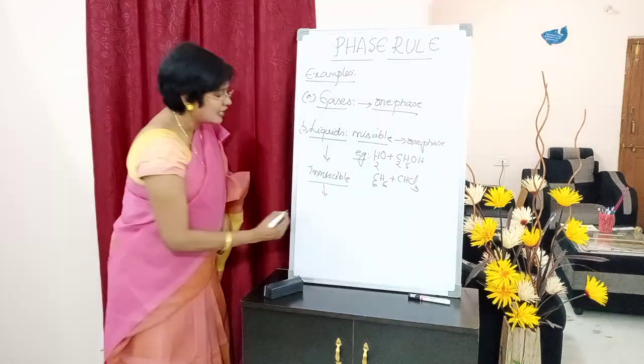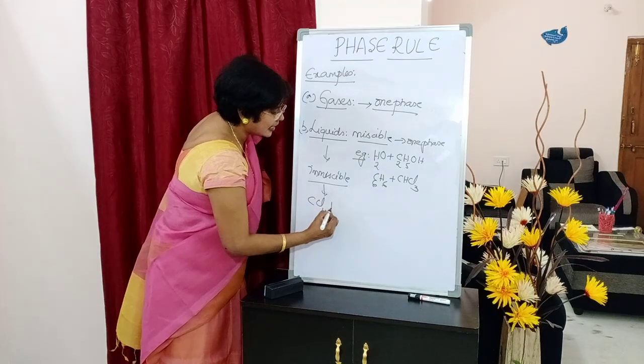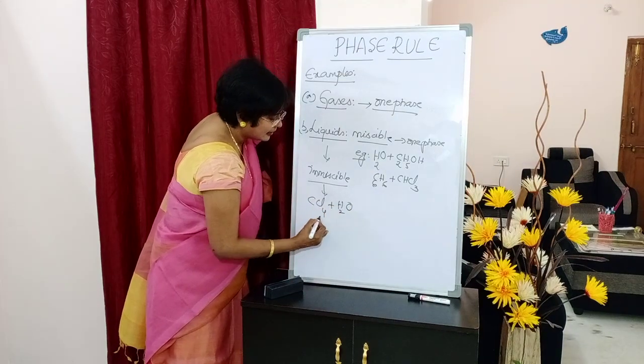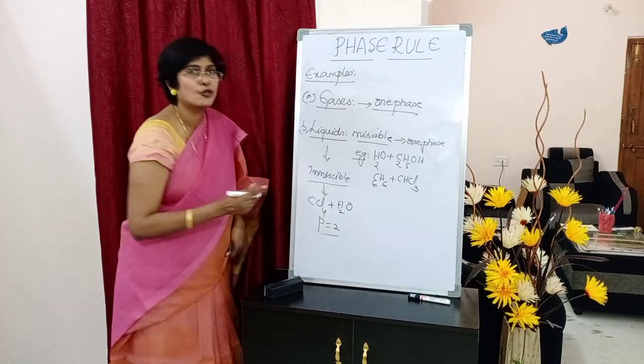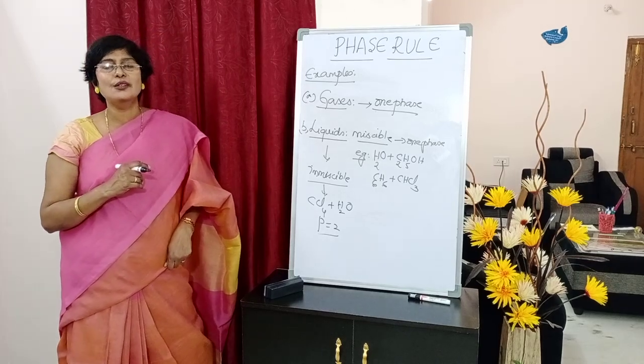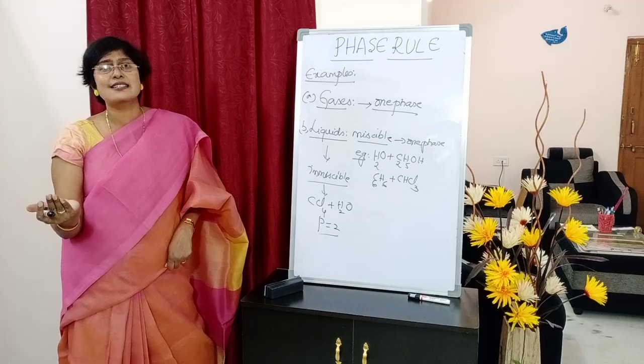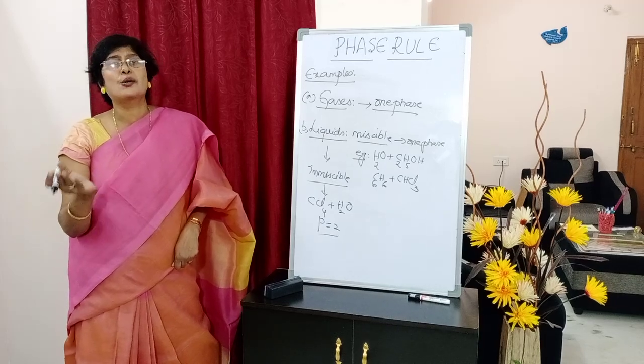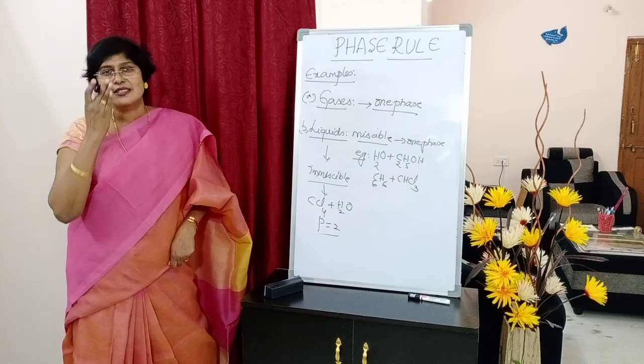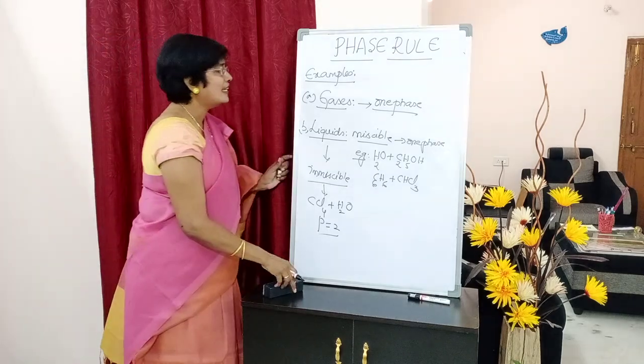For example, if there are carbon tetrachloride and water, then we can say there are two phases. So immiscible liquids constitute different phases. Miscible liquids constitute only one phase. So this is about the phases in liquids.